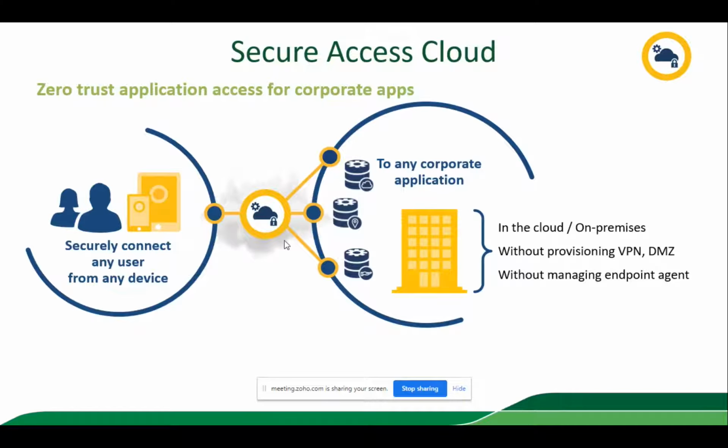I'll explain the traditional enterprise, how it looked like, and now the modern, and the differences between them and how Secure Access Cloud helps you secure them. It is a single platform for both cloud and on-prem applications without the need of an agent and without needing to provision VPNs or a DMZ.